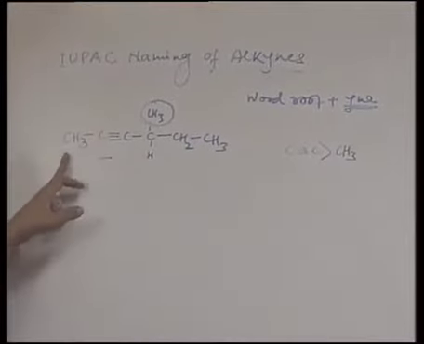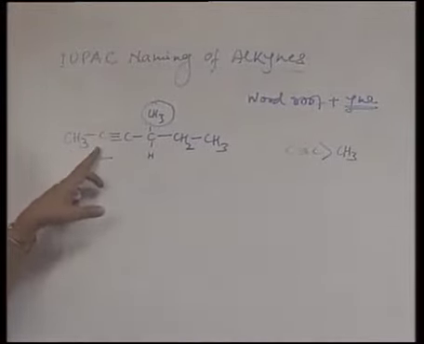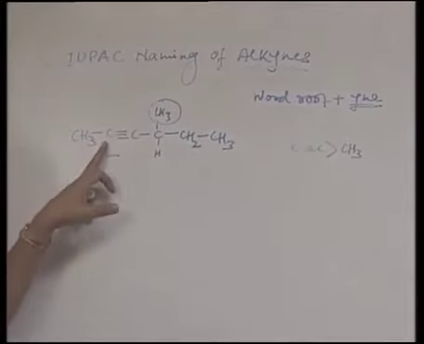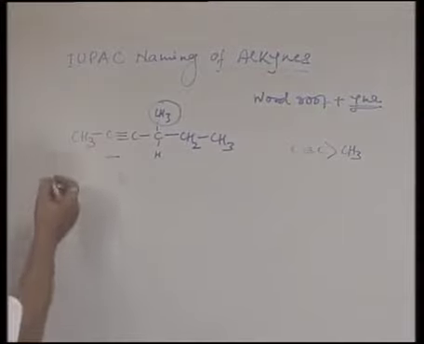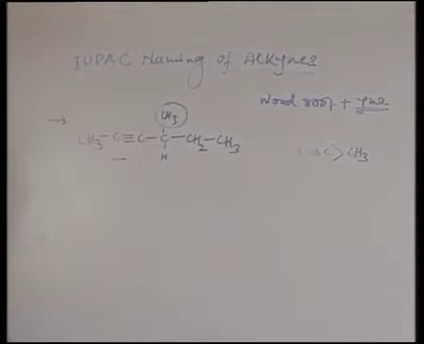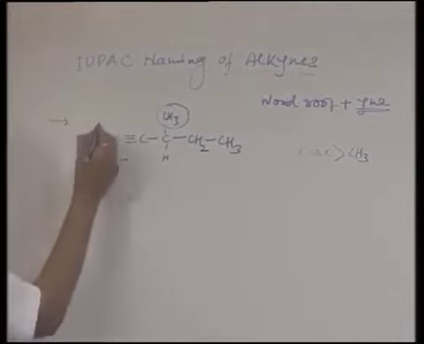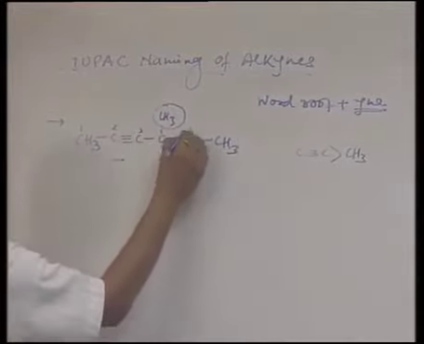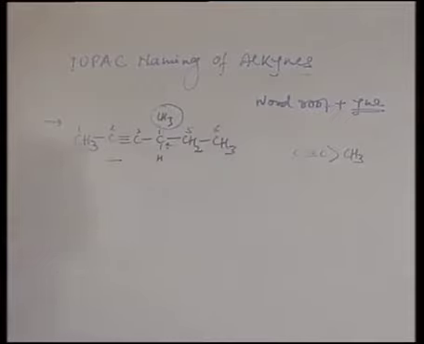As per the IUPAC rule, the group which has higher priority must get the least number when we start numbering. So we have to start the numbering from the left hand side, 1, 2, 3, 4, 5 and then 6.